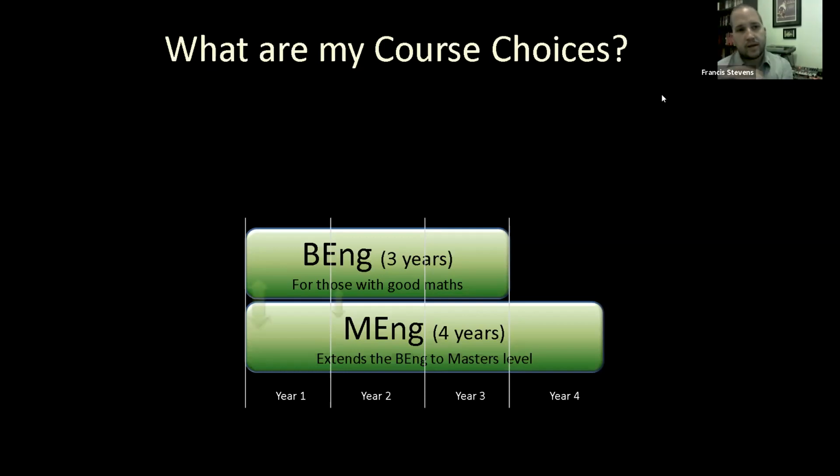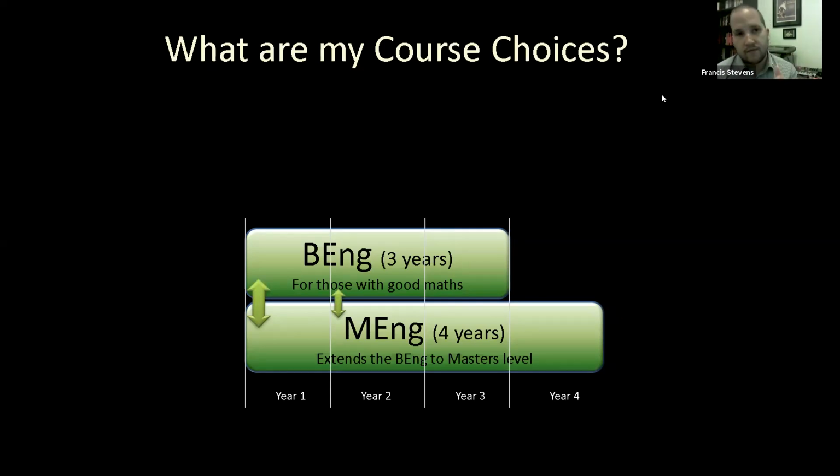For the first 2 years, these two courses are identical, and you can switch between the two at any point within those 2 years. The only requirement is that to switch to the MEng course, you have to have an average mark of 55 or above in order to show that you are working to a master's level. Apart from that, the first and second years are exactly the same.